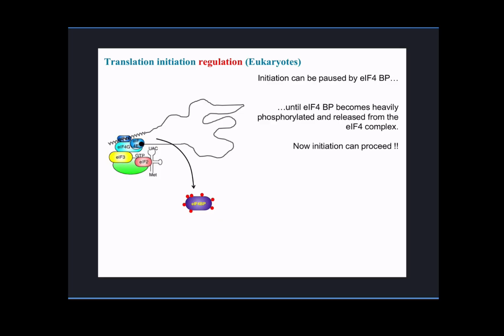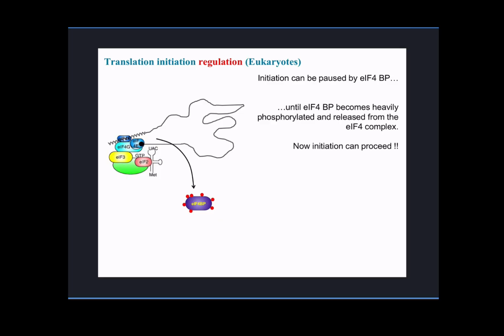So there are a series of chemical reactions that lead to the phosphorylation of EIF4BP. Phosphorylation, as we will see in a few seconds, is a mechanism by which phosphate groups are chemically attached to certain amino acids in certain proteins. In this case, there's a whole bunch of phosphate groups attached to certain amino acids in EIF4BP.